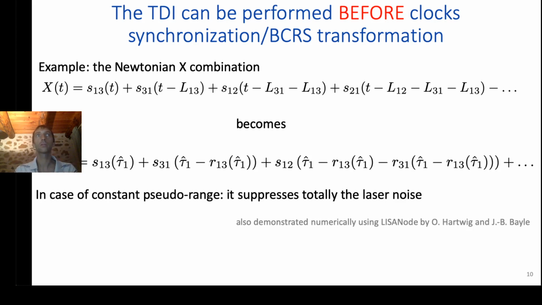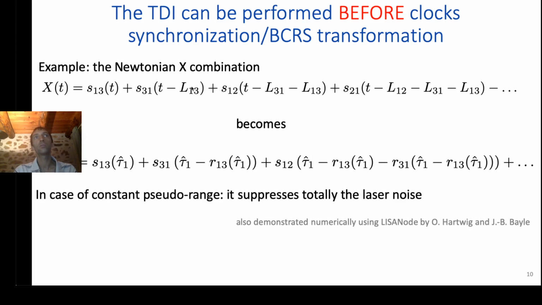The point that I'm trying to make here is that the TDI can be performed before clock synchronization and before BCRS transformation. So how can we do that? Well, I'm coming back to the X TDI combination that was expressed here as a function of Newtonian quantity, so some universal time and some universal interspacecraft distance.